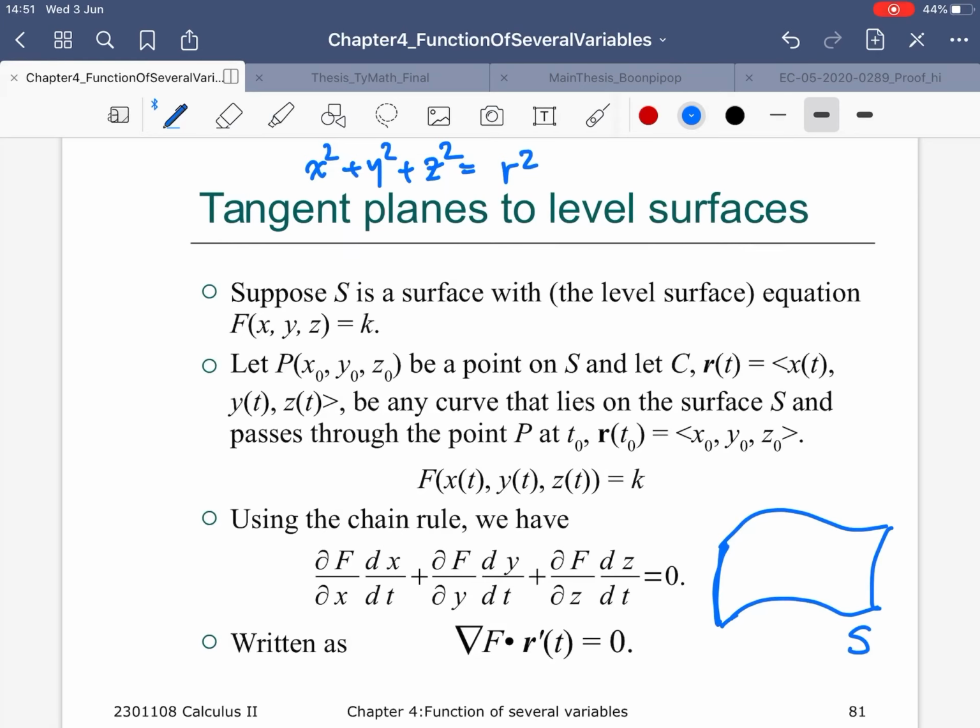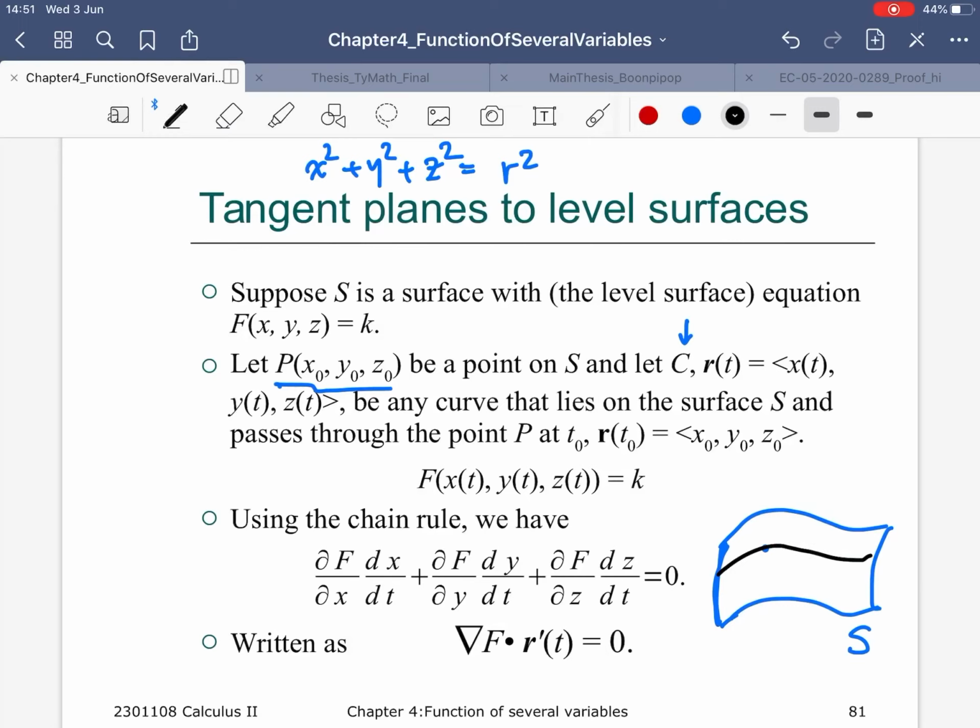Then let us pick one point on the surface. Somewhere right here, this is the point P at x0, y0, z0, a point on the surface. And then let's talk about the curve C, which is any curve lying on the surface. Maybe this is the curve we're talking about.